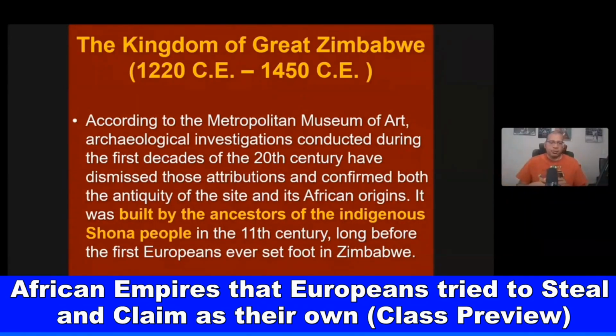It was built by the ancestors of the indigenous Shona people, S-H-O-N-A, in the 11th century Common Era, or what the Venerable Bede called AD, long before the first Europeans ever set foot in Zimbabwe.